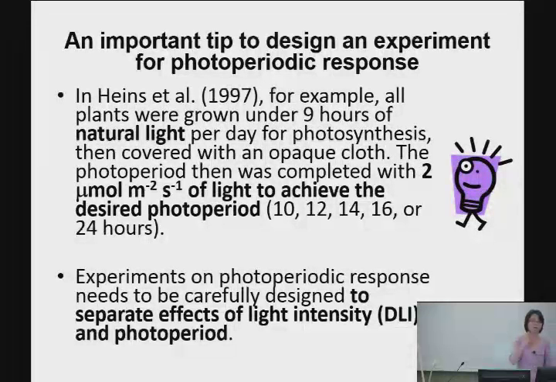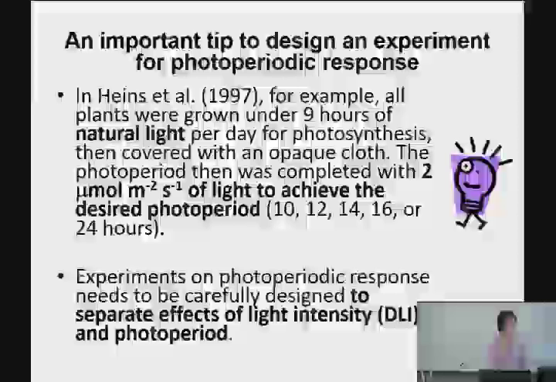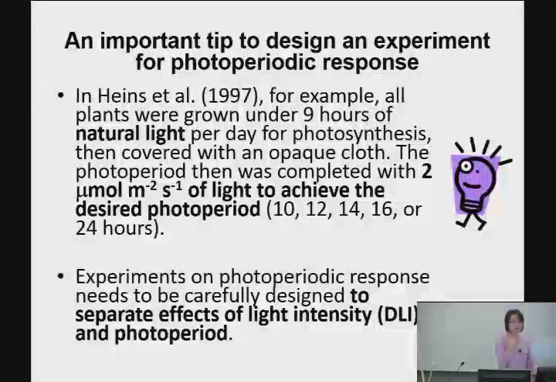Yeah, so 2 micromoles per second, and if you provide that for 1 hour, what is the total? 7,200 micromoles. That's correct, per square meter per hour.